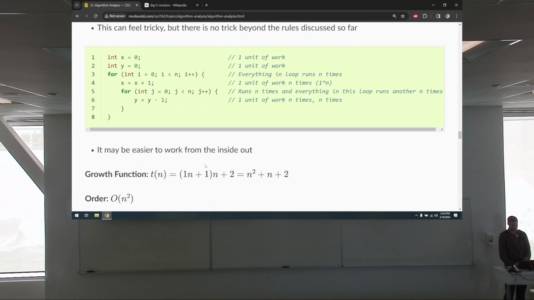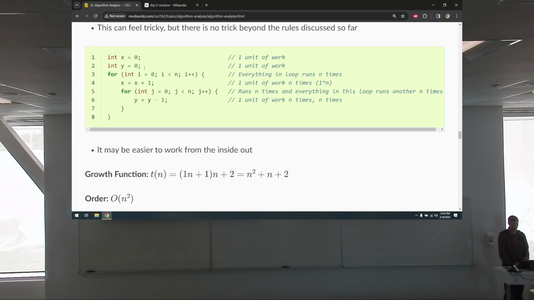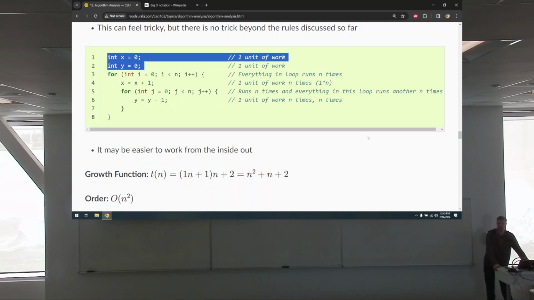And that whole bit is being run how many times? n times, because of that outside loop. Plus 2 because of these two lines of code, which if we multiply that out, we get n squared plus n plus 2. Any questions about that? Did I go too fast? Did I jump anything?